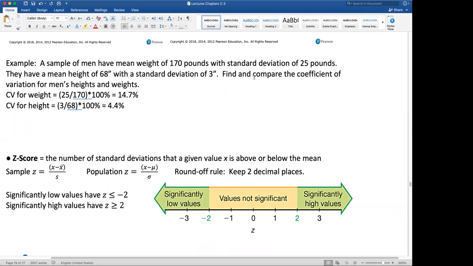Now we want to measure the distance between the mean and the data value using the standard deviation as a unit. That value is going to be the z-score. Let me show you how to do it.